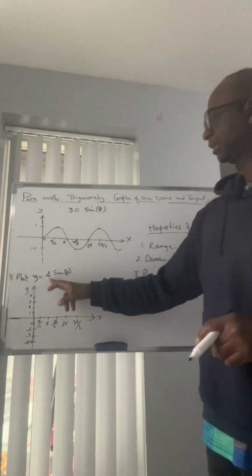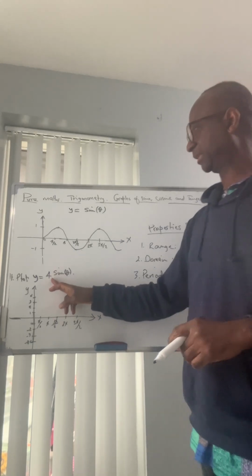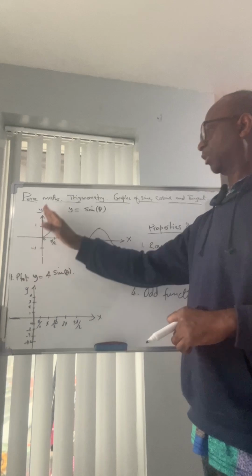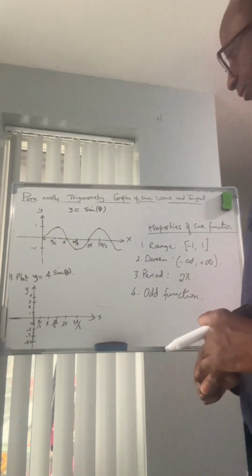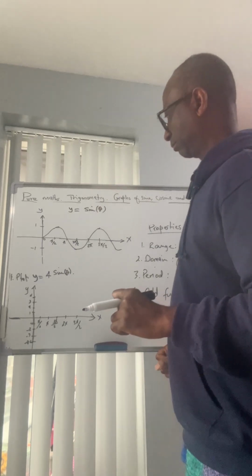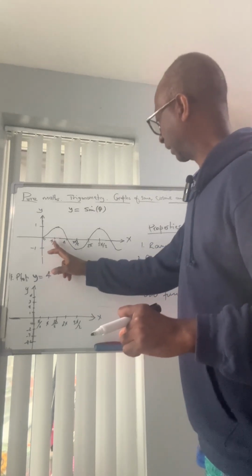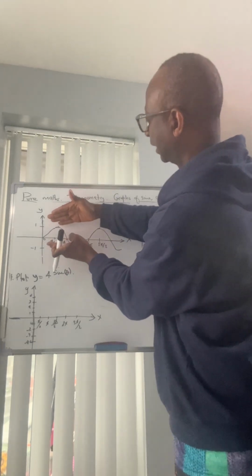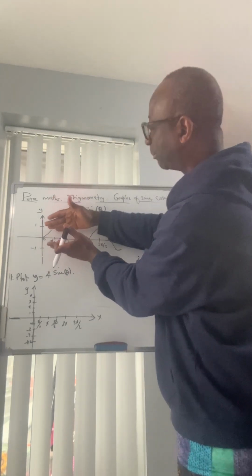This number here at the front only affects the stretch of the y-axis, nothing else. Everything else remains the same. What has changed is only the beat or the amplitude.